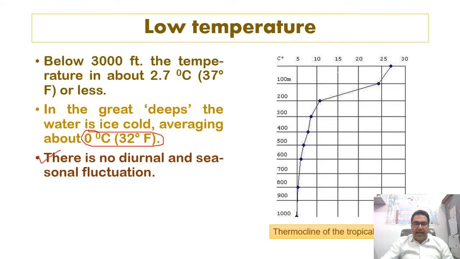There is no diurnal and seasonal fluctuation in the temperature. As we are seeing here in the graph, it ranges from 25 degrees centigrade, and then there is a thermocline which prevents the upper water from being mixed with the deeper waters. So as we go deeper, the temperature keeps decreasing and reaches 0 degrees centigrade as the depth increases.